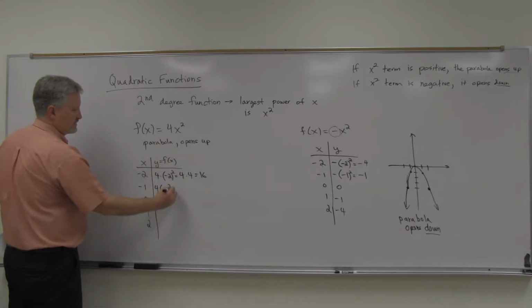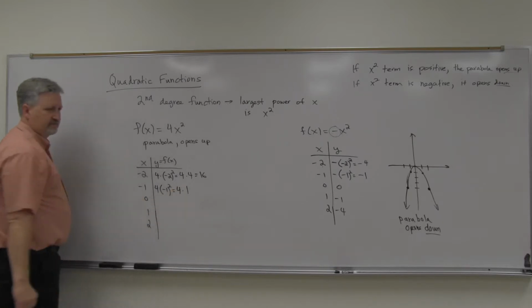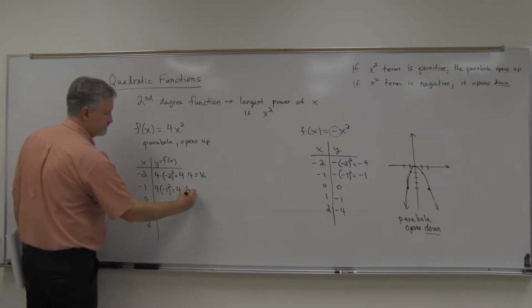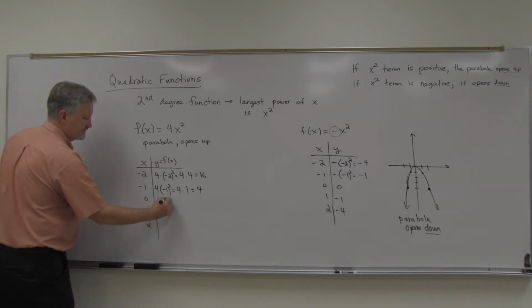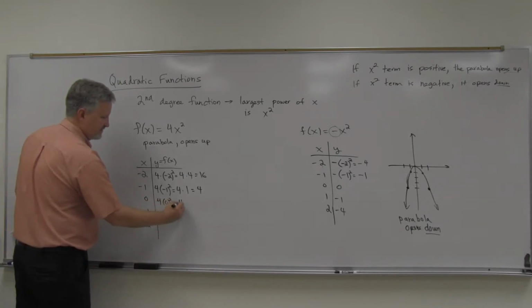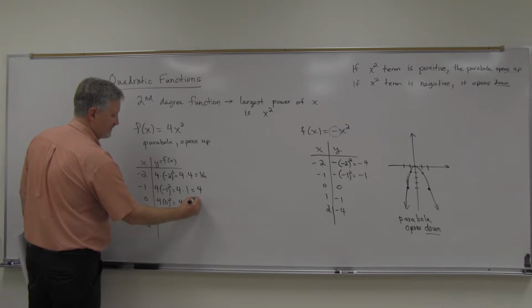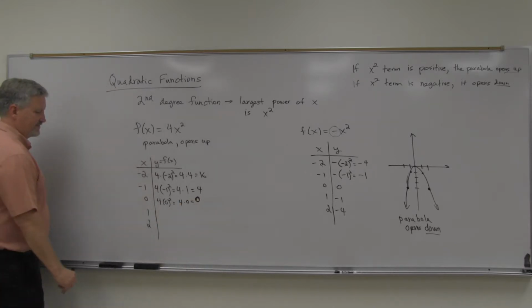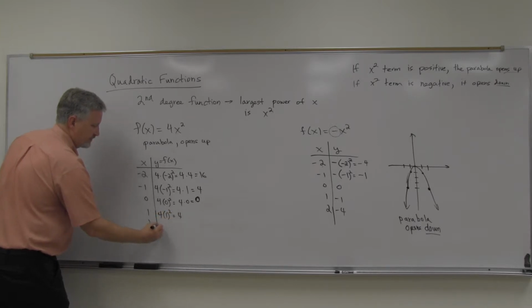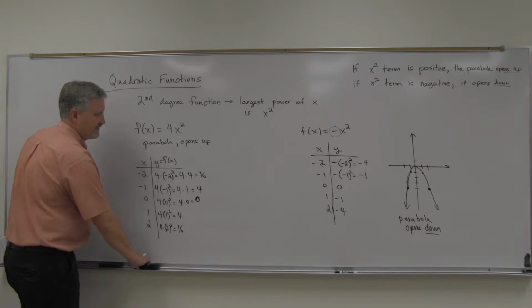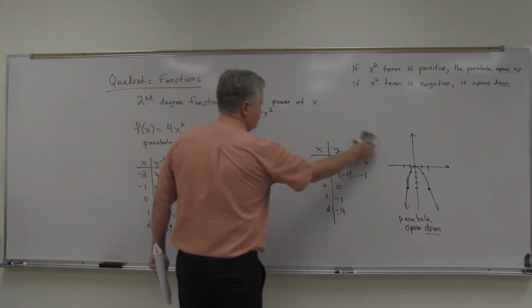X is -1, so that would be 4 times +1, because you're squaring -1. 0 is still 0, because it's still 4 times 0. That's 4. That's 16.